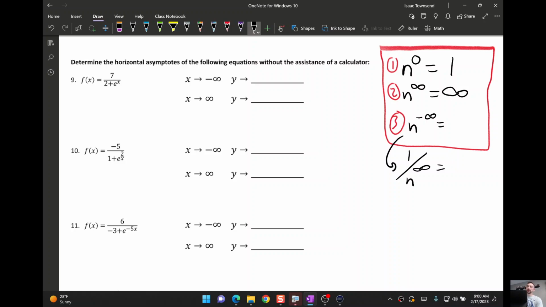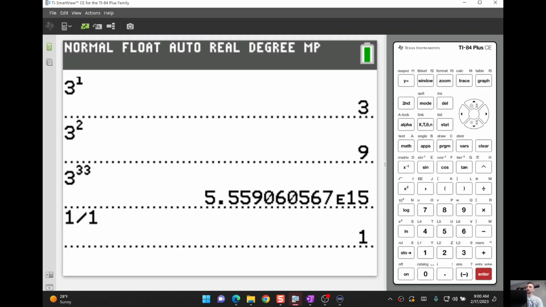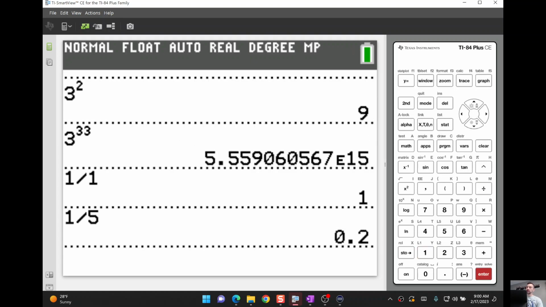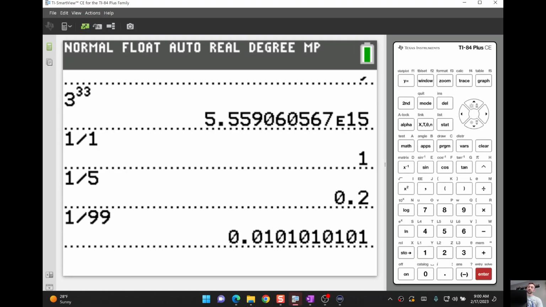Now this denominator matches up with number 2 here, which means its denominator goes to infinity. And in a fraction, if your numerator is stuck, but your denominator keeps getting bigger, do you see how it gets closer to 0?